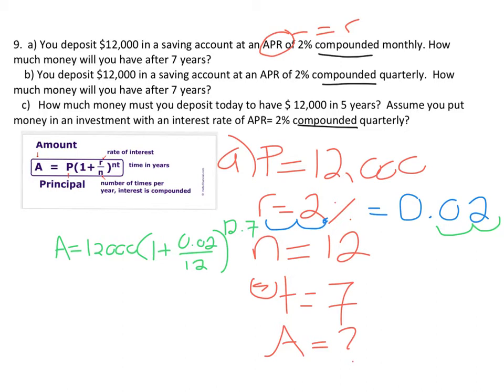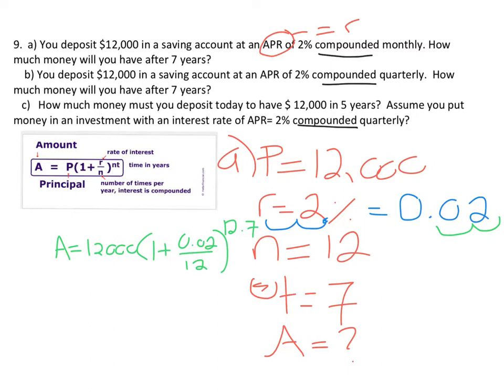Okay, so now if we plug this into our calculator, just a couple of notes about order of operations. The first thing is that the 12 times 7, even though there's no parentheses on it, you may have remembered from order of operations that you do exponents before multiplication.